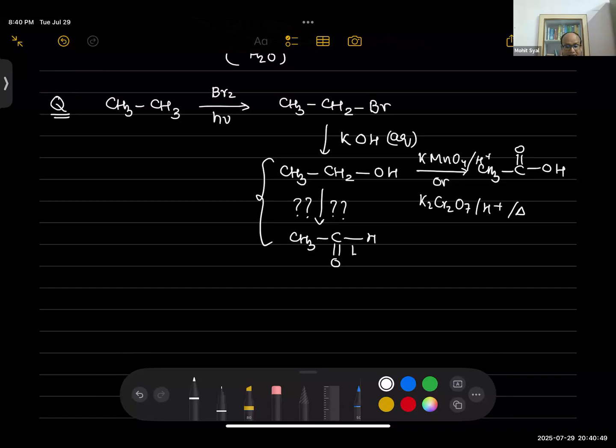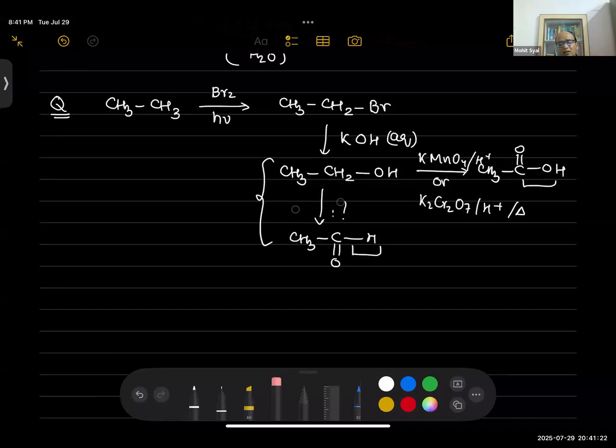There is one H still remaining, so it is not completely oxidized. So is it a mild oxidation or a strong oxidation of a primary alcohol? Yes, this is mild. Got it? Because aldehyde still has one hydrogen yet to be oxidized. So we have not completely oxidized like we did in the acid. So acid was strong. This is mild.